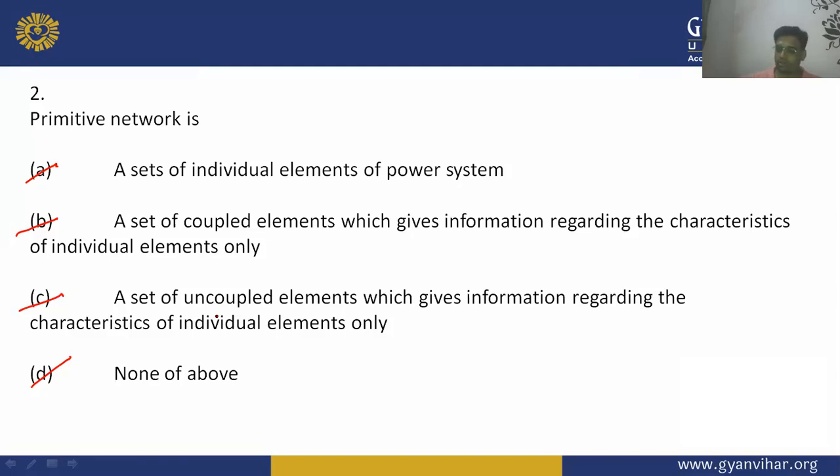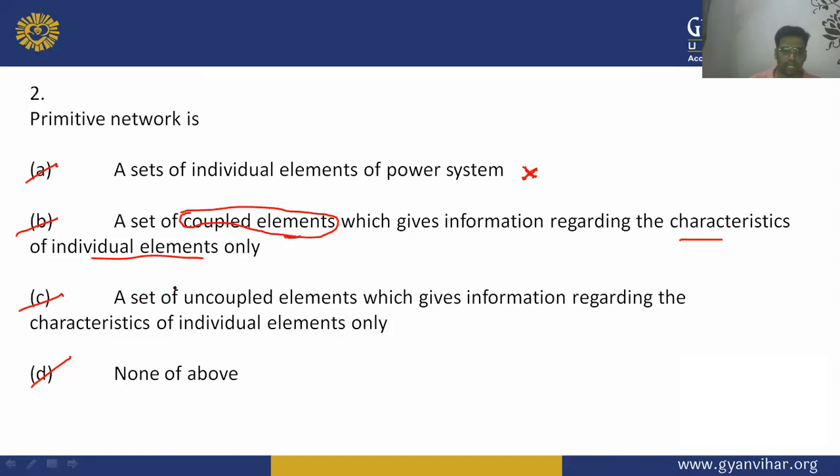It is to be noted that it could not be only the set of individual elements. Second, a set of coupled elements which gives the information regarding the characteristics of individual elements. Yes, it may give the characteristics of individual elements, but it could not be the coupled elements.